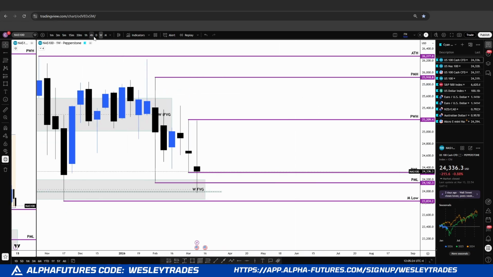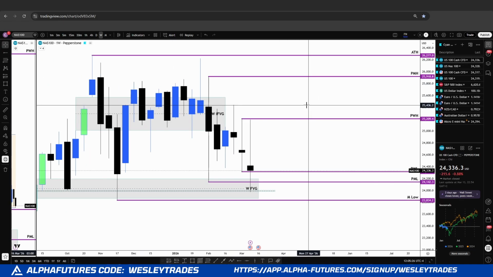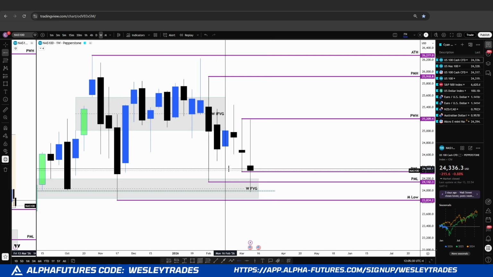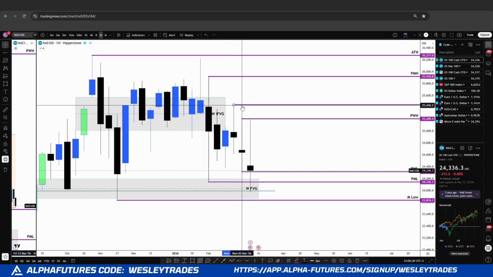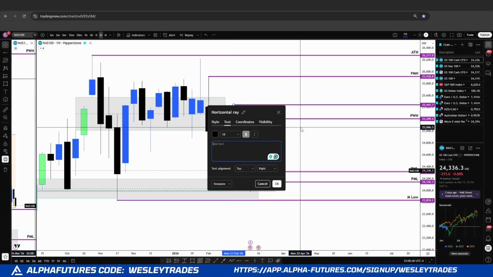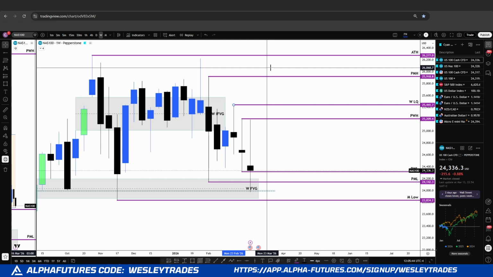All right, next up is the daily levels, right? There are other weekly levels here as well that you want to mark out. This one is already a monthly level, previous monthly low. All right, so that's already marked out. So here is another weekly liquidity level. It's a weekly high.